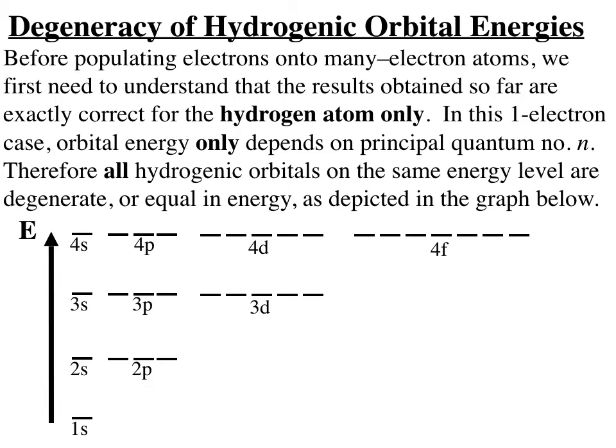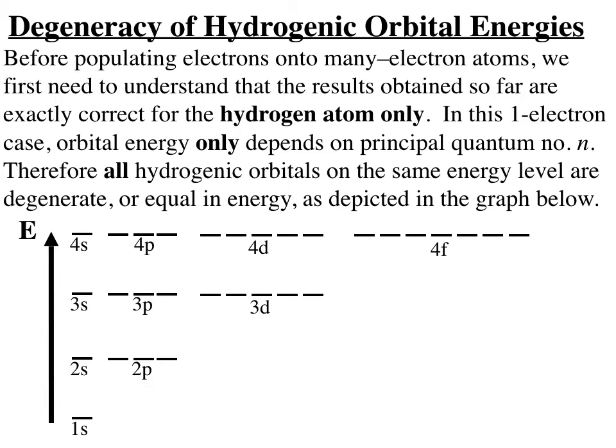What actually happens, as we talked a little bit about previously, was that hydrogen is the only atom which can be analytically solved, exactly solved, get exactly the right answer. Now we can mimic numeric solutions using computers and get very close to the right answer for any atom that has more than one electron, but you can't analytically solve it.